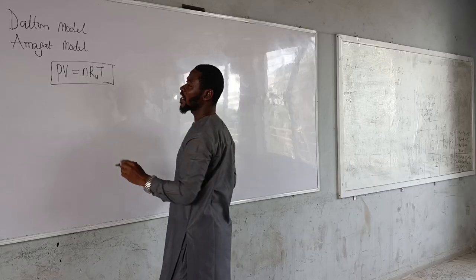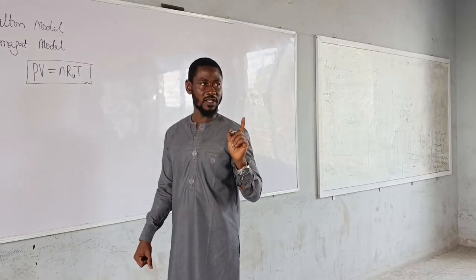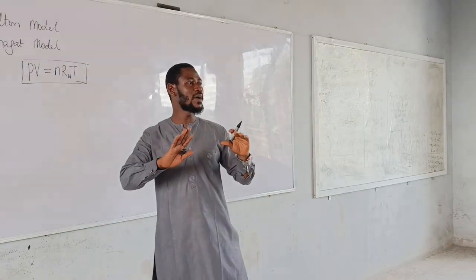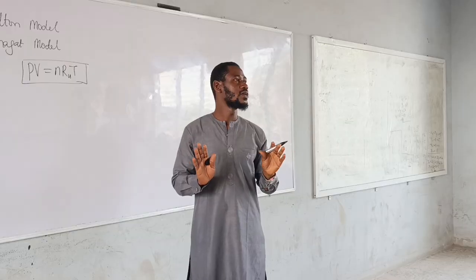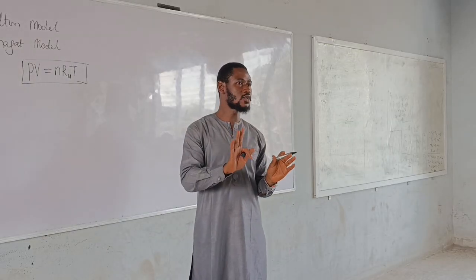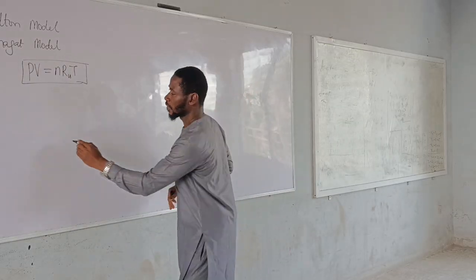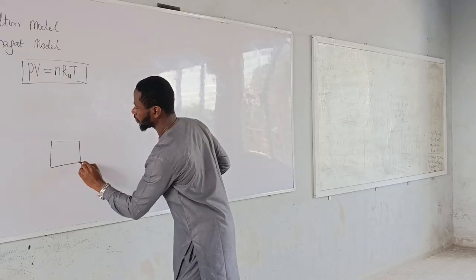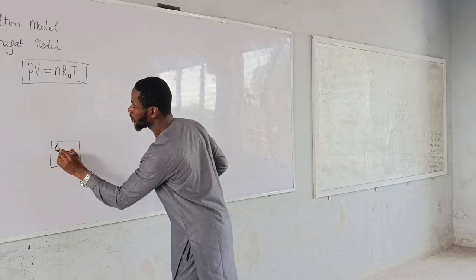For Dalton's law of partial pressure, let's take a schematic in illustrating this, because we are talking about a mixture of different gases. In this case, we are looking at three gases. This is the mixture.